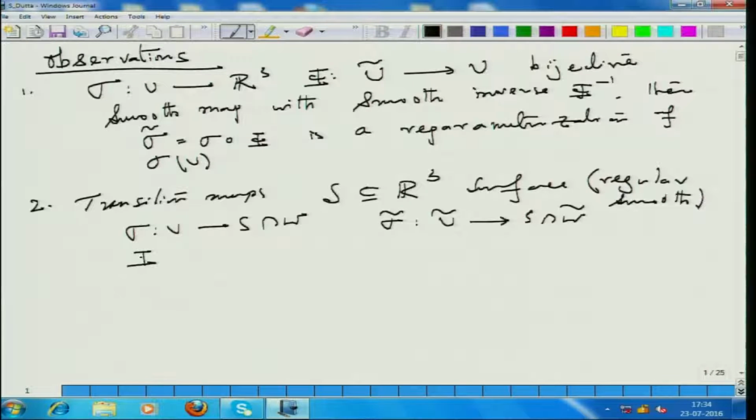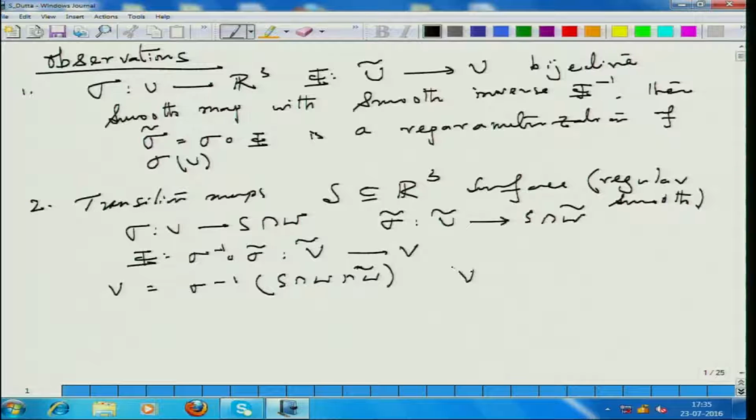Then I have this map phi which is sigma inverse compose sigma tilde from V tilde to V, where V is sigma inverse of S intersection W, and V tilde is sigma tilde inverse of S intersection W tilde.